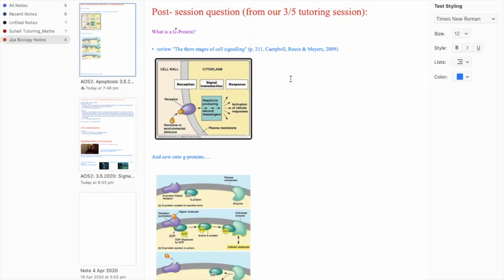The first one, which we can see here in this diagram, is reception, and this happens when we've got a signaling molecule or a ligand which attaches itself to a specific receptor. This chemical signal is detected when the signal molecule binds to a receptor protein located on the cell's surface.